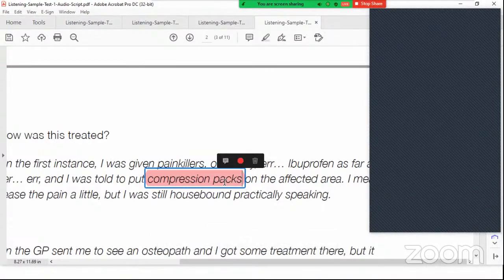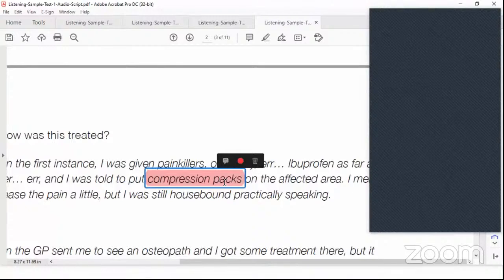The affected area uses only one pack at a time; you change and replace it with another pack, another pack, every day.